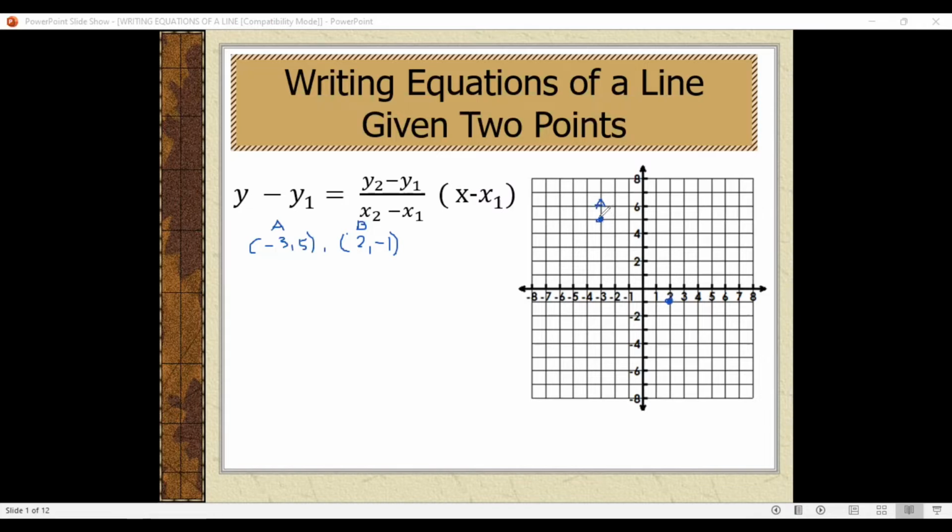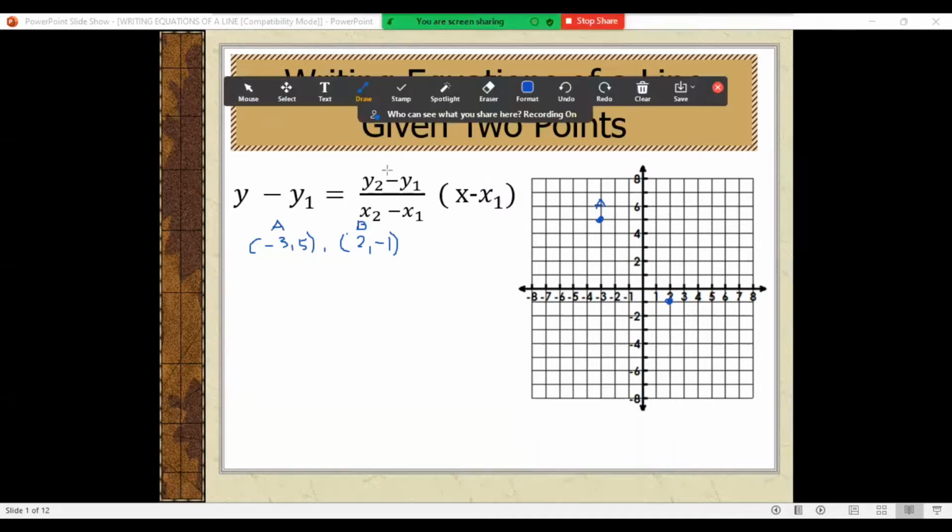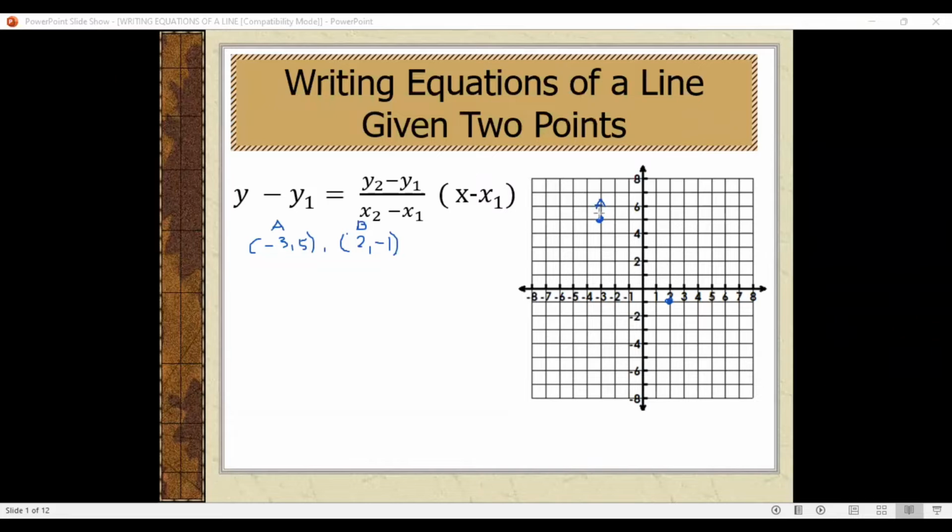So if we decide to connect these 2 points, we are forming a line. And if we want to look for the equation of this line, it is very much possible making use of our 2-point form.